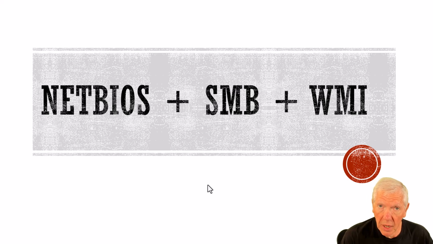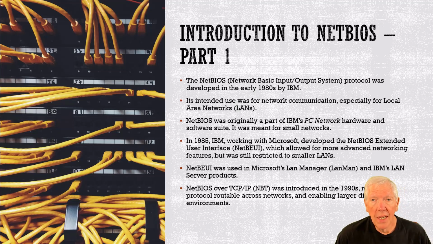Let's first talk about NetBIOS. NetBIOS was developed by IBM, but Microsoft was the company that did the heavy lifting with this. It's called the Network Basic Input-Output System. It was a protocol. A protocol is an agreed-upon method of communication.